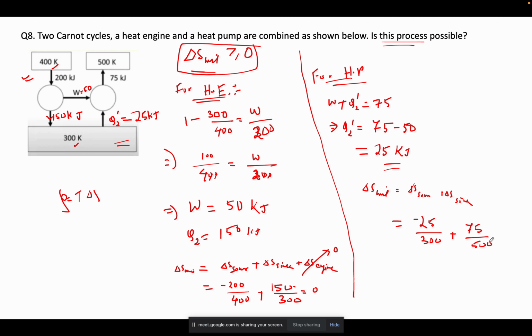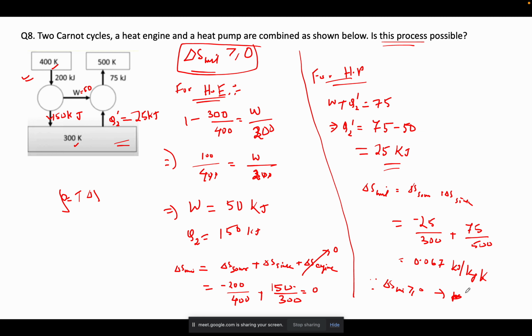So 75 divided by 500 minus 25 divided by 300. Okay, so I am getting a positive value, approximately 0.067 kilojoule per kg Kelvin. Now since delta S universe is greater than or equal to 0 for both the cases, this entire cycle is possible.